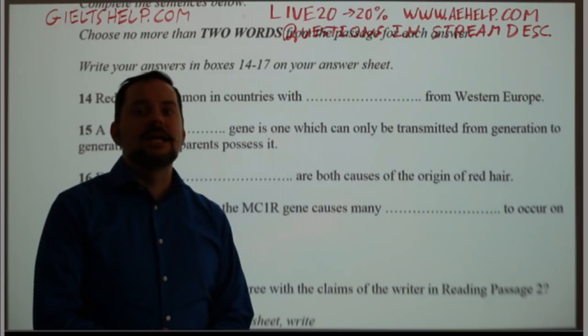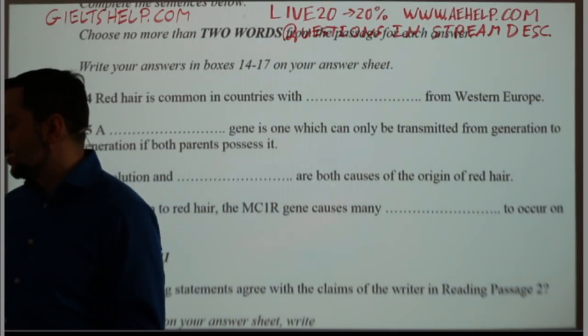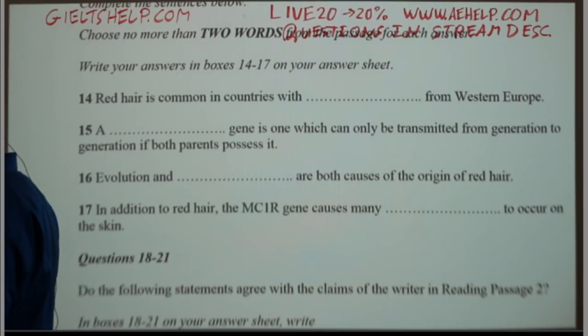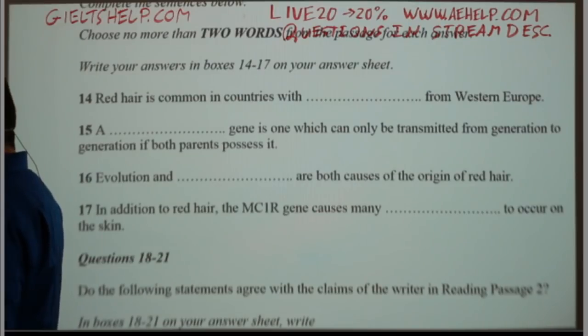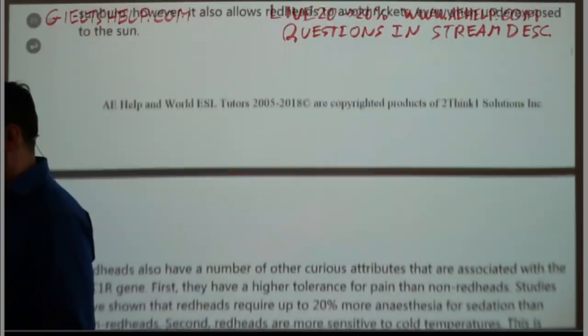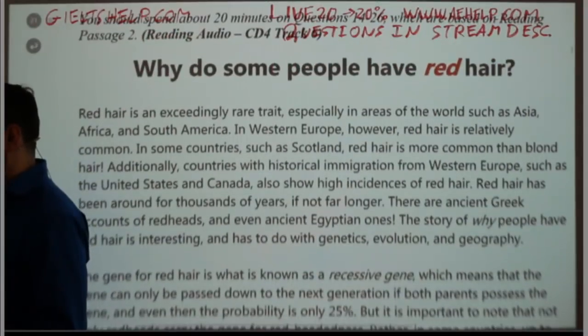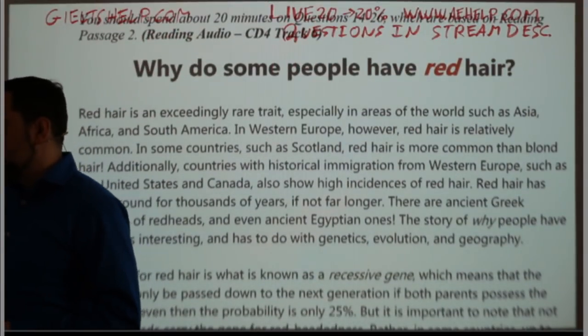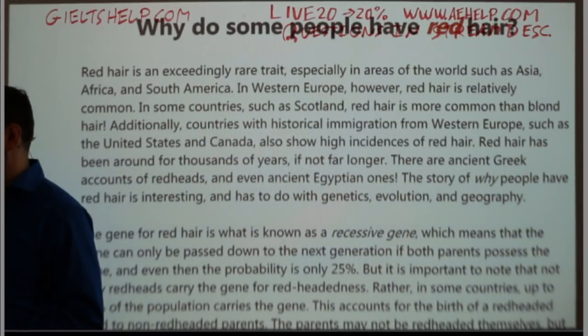Low sunlight is probably a bit better. Sunlight is one word. We can have a look at that, so we're not just guessing. So keywords here are common. Red hair is an exceedingly rare trait, especially in the areas of the world. In Western Europe, however, in some countries it is more common, additionally, migration of Europe, it's probably coming from the beginning.